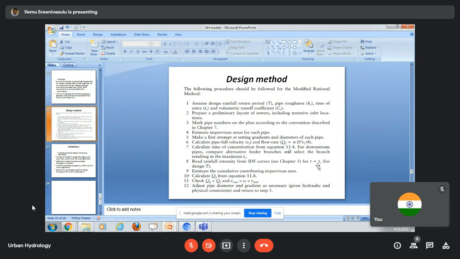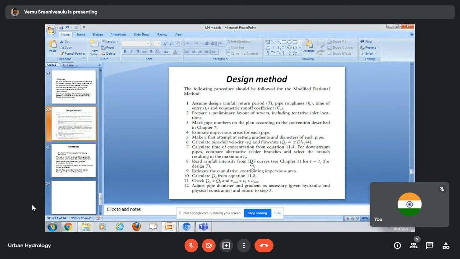How do you calculate the TC? There is a formula for TC. Otherwise, there is a table for different land use patterns, if it is dense houses, if it is sparse houses, depending upon the return period. TC is also there. So for a given TC, for a given design storm, I can be calculated from the IDF curves.